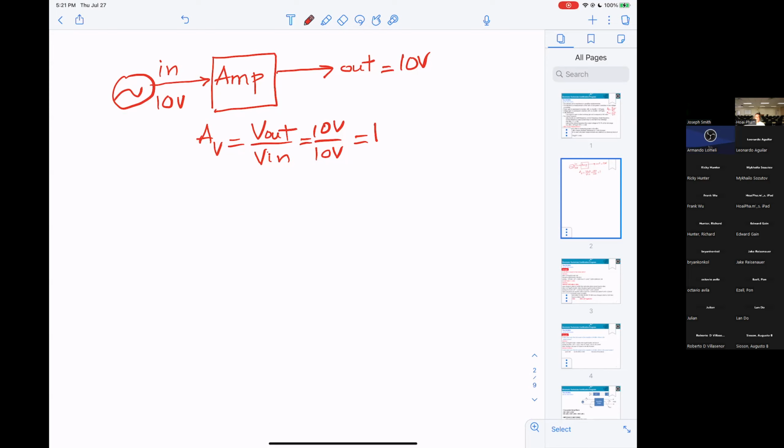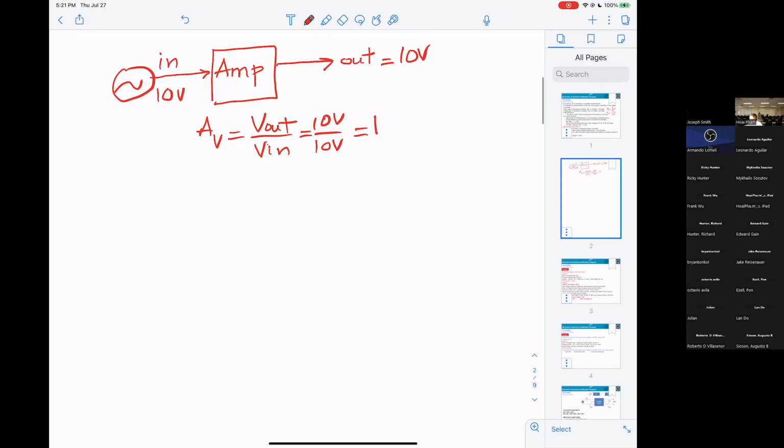Correct? So you put in 10 volts and the output coming out is 10 volts. You have not lost anything. That's what we say, no loss.